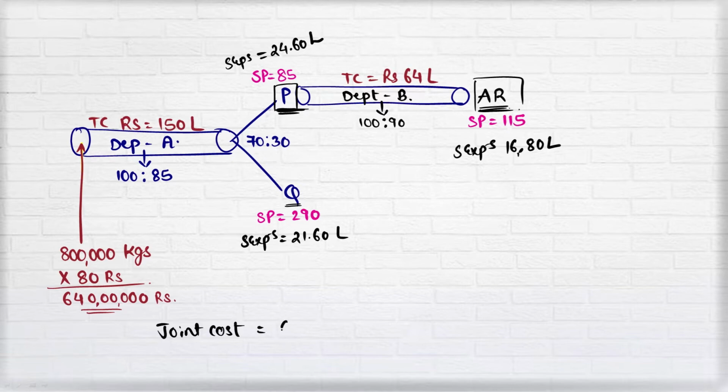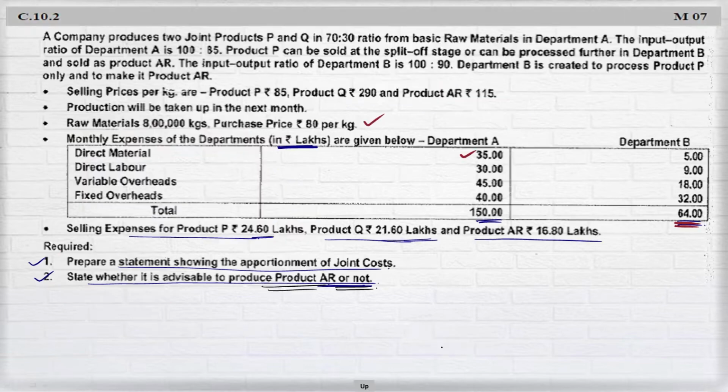Material of 6 crore 40 lakhs plus expenses of department A 150. Department A is working for both the products, so it is a joint cost. What is the total? 790 lakhs. Alright. I am taking further processing decision.